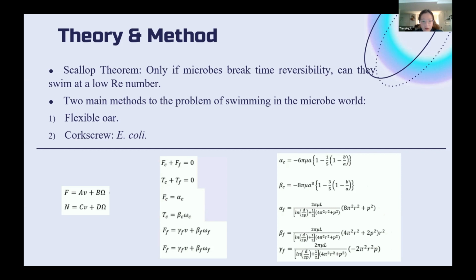However, 2 methods are found to be efficient in overcoming the problem of swimming in the microbial world as shown in this slide, where we mainly focus on the second one, the corkscrew. The corkscrew means rotating their helical flagella filaments and helical cell bodies.